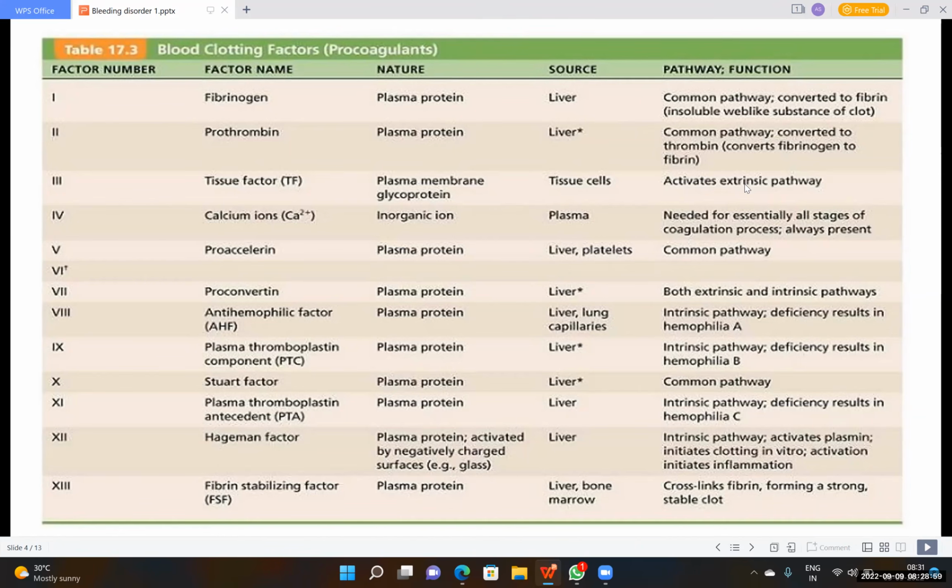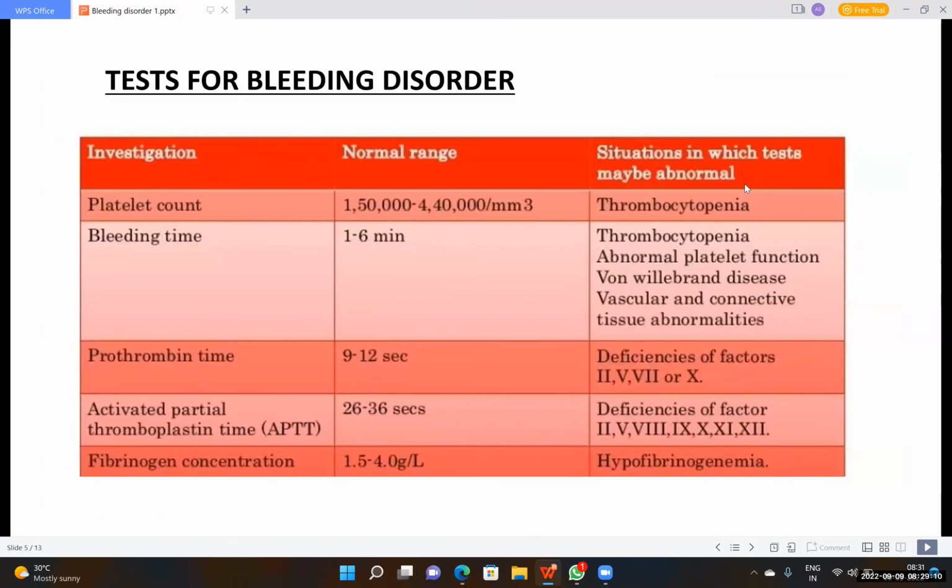They have their own pathways and functions, which we saw in the earlier slide, through which they perform the process. The tests: the normal bleeding time range is 1 to 6 minutes, and it may be abnormal in thrombocytopenia, von Willebrand disease, and abnormal platelet functions. Prothrombin time normal is 9 to 12 seconds.